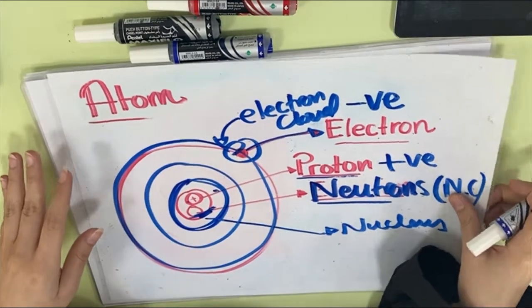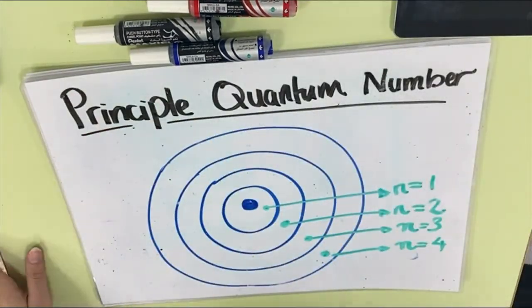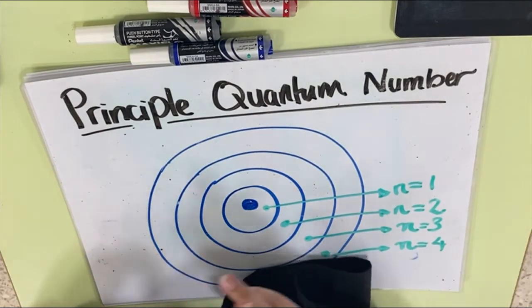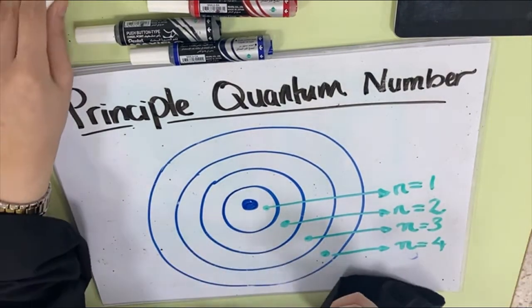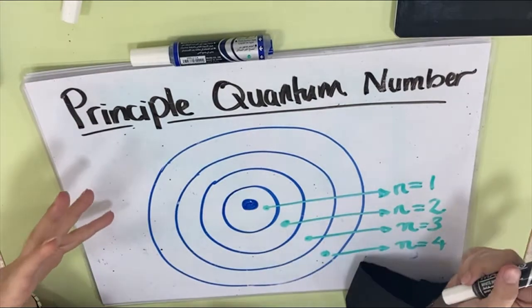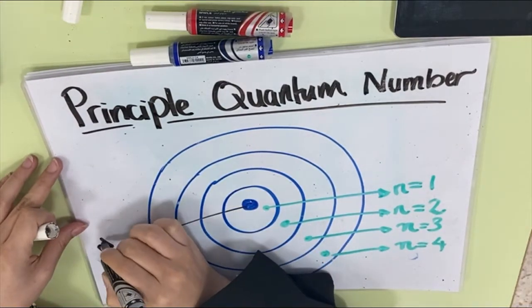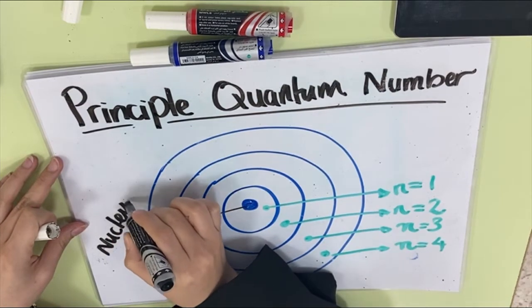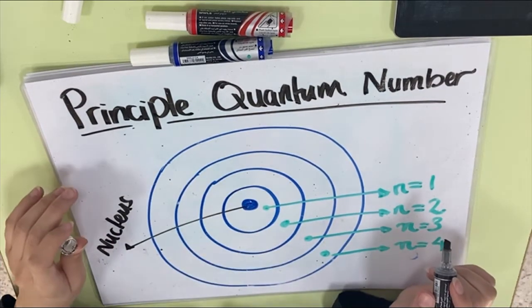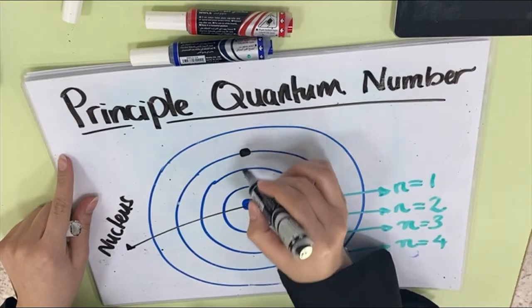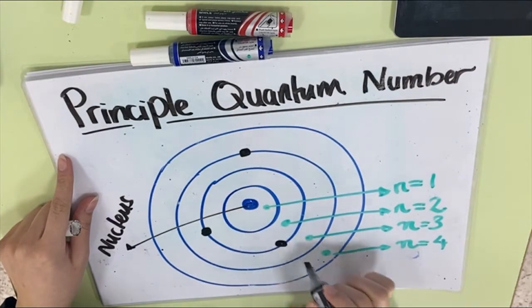So let's take a look at the motion of these circular shells around the nucleus. Okay, let's have a look here. We have the nucleus in the center of the atom, and the electrons are orbiting around the nucleus.